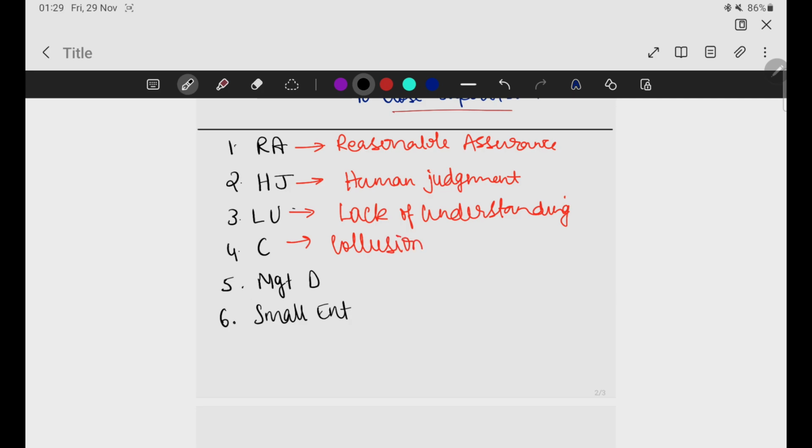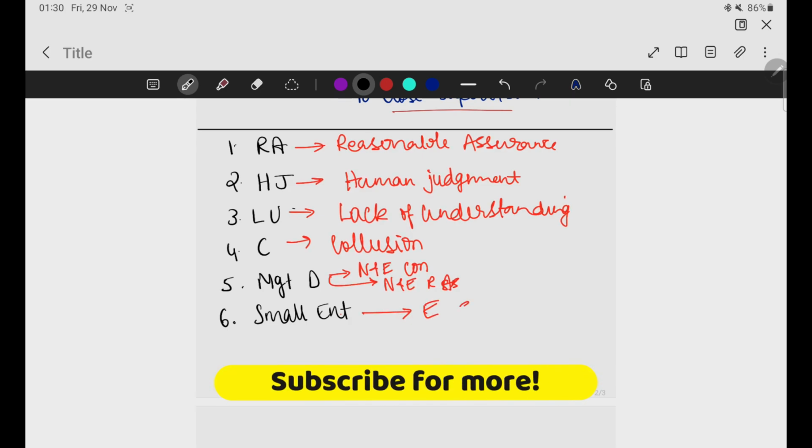Okay, here there is a special point that it required two or more people. Okay, next, management decisions. Here there are 2 points. One is nature and extent of controls exercised, and second one was nature and extent of risks that were assumed. Okay, risks that were assumed. Next, in case of smaller entities, we found out that due to lesser number of employees, segregation of duties is not possible.